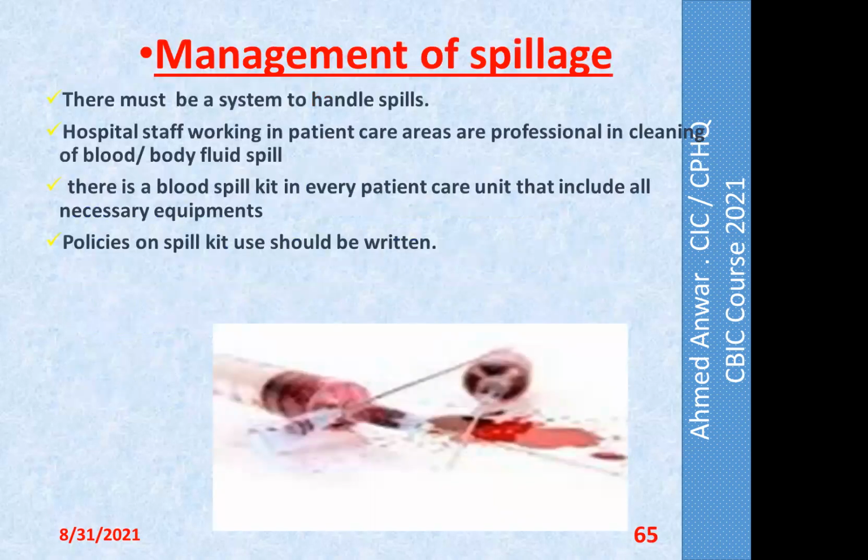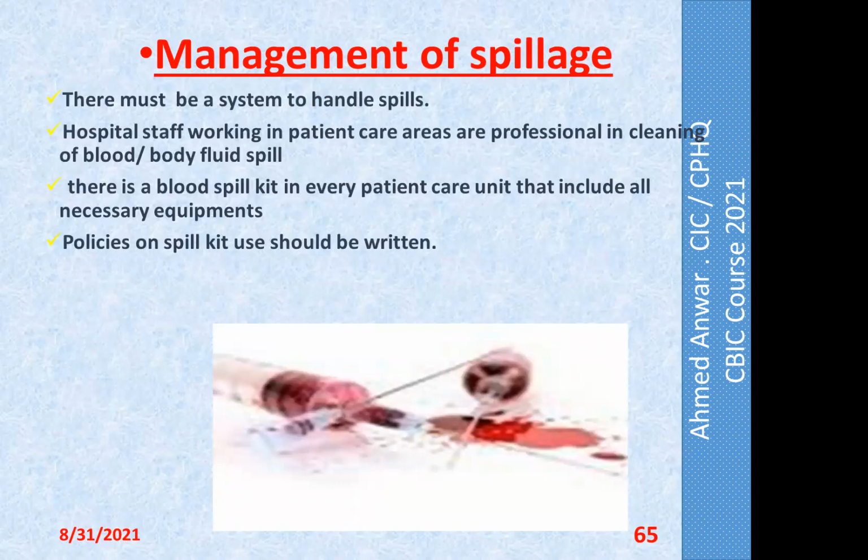Management of spill depends on the type of blood spill kit and according to the hospital policy. We have a manual spill kit prepared by the hospital staff, and we also have a ready blood spill kit that can be brought directly from companies like 3M. The sequence of cleaning the spill depends on the type, but generally we will talk about the main components of blood spill management.